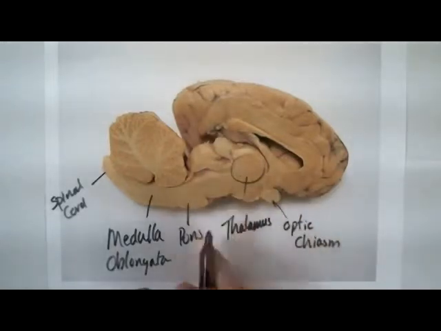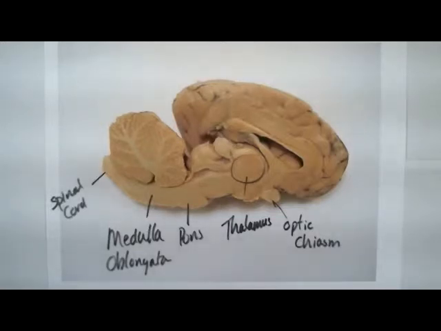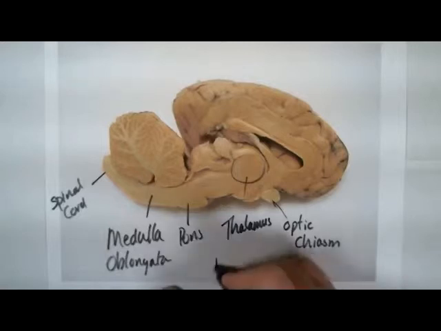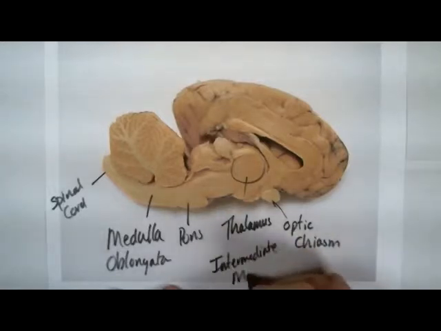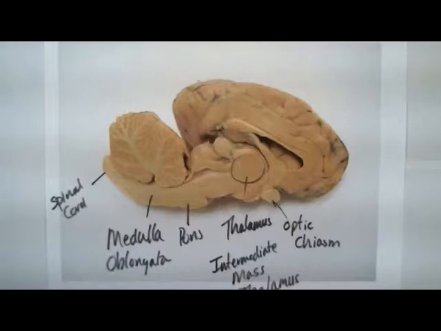Although it probably can't be seen in this particular picture, there usually is a small spot in there called the intermediate mass of the thalamus. You'll definitely want to look that particular piece up, as it is tested, and there are some important things you need to know there.